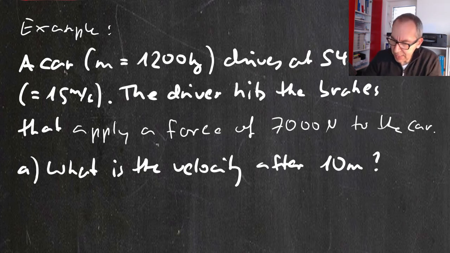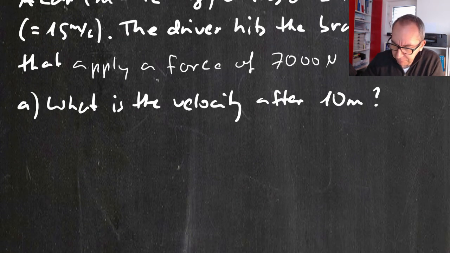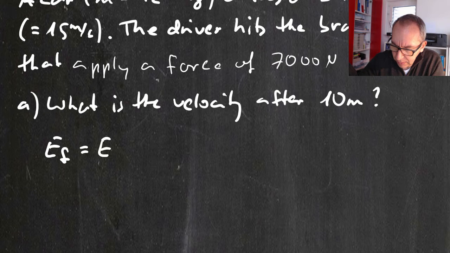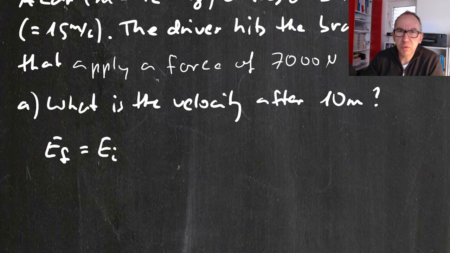So we state that the final energy is the initial energy plus or minus the work. Well, did we do work to the car or did we take something away? So here we took something away. So it is minus the work we have done.